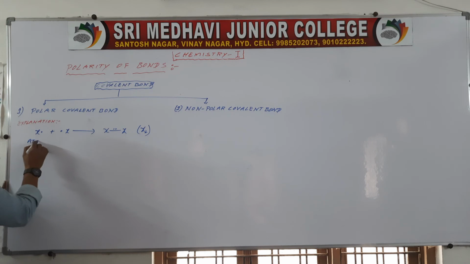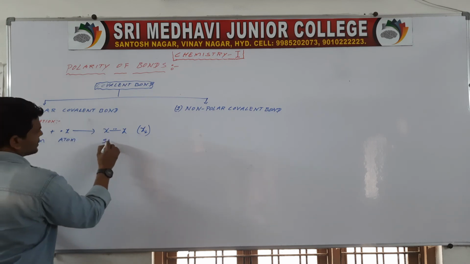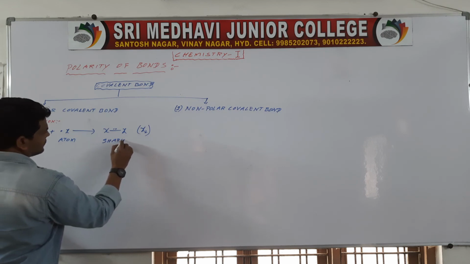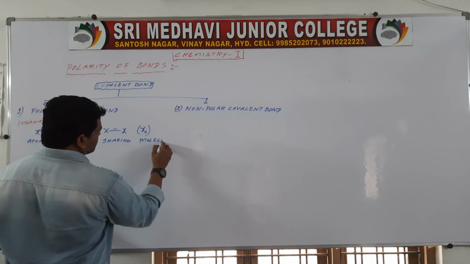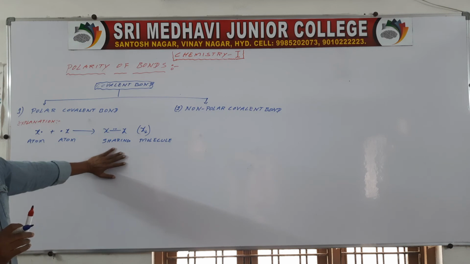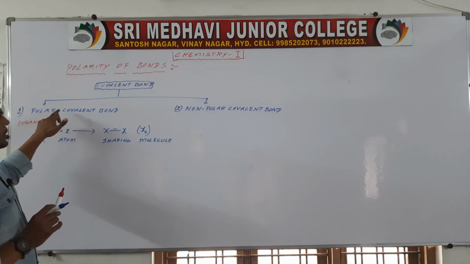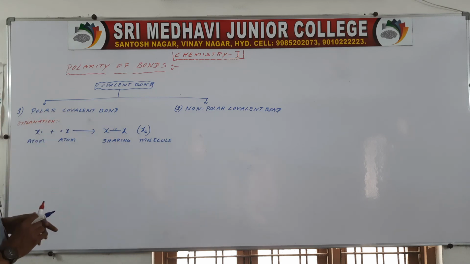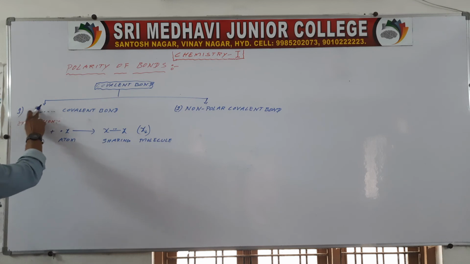These are atoms, this is a sharing, and this is a molecule. So one electron pair is shared by two same atoms. Then that is nothing but a non-polar covalent bond.